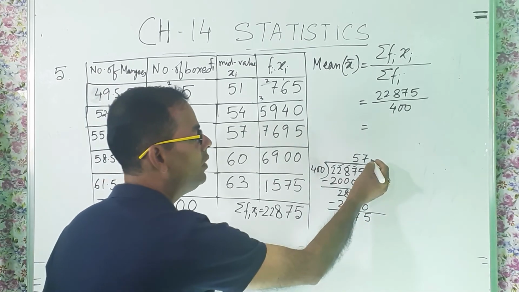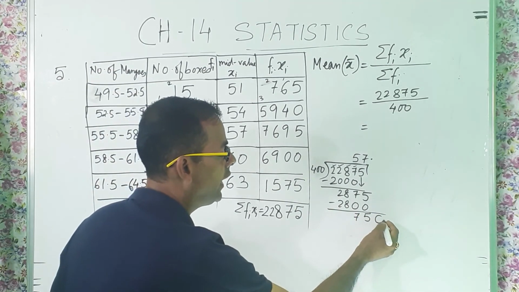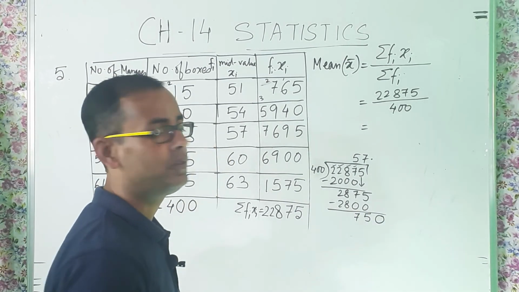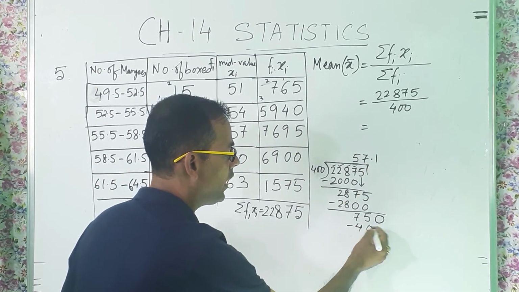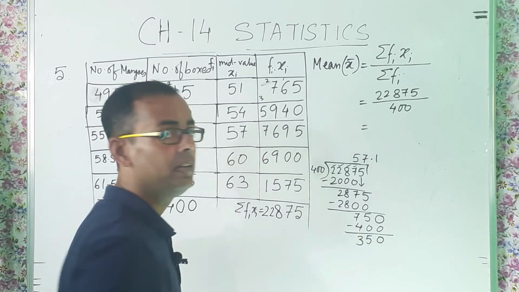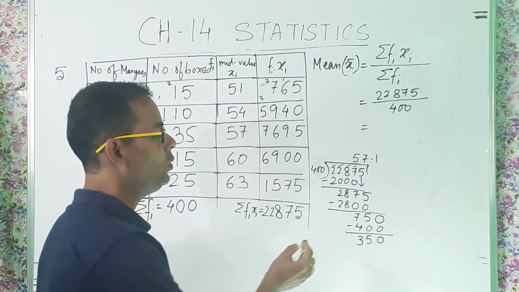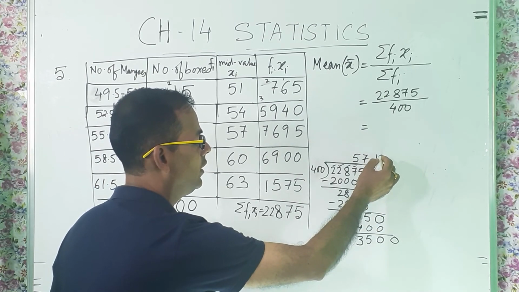Okay. Now, I will put point because no more number. Okay. Now, I will write 0. So, it becomes 750. So, it will go with 1. So, it is 400, and if you subtract, it will be 350. Now, it will go with what? When we put here 1 0. So, it will go with 7.